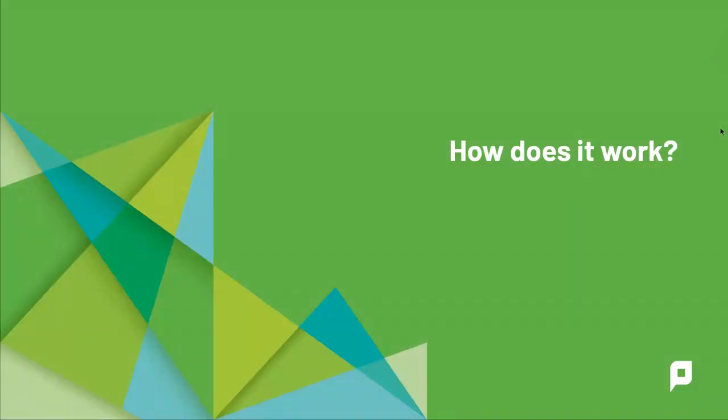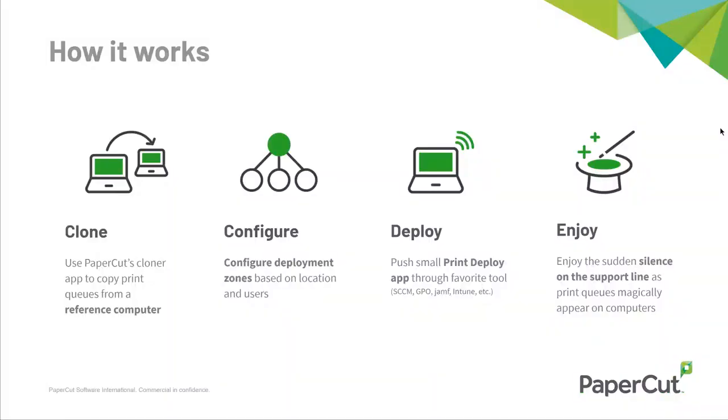All right, so how it works. First of all, you set up a reference computer. On this reference computer, you make sure that you install the right driver. You set your default settings like grayscale, duplex. You set your finishing options, so your capabilities, things like stapling, hole punching.